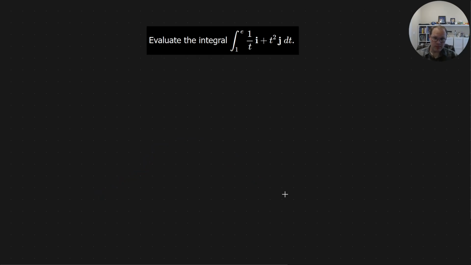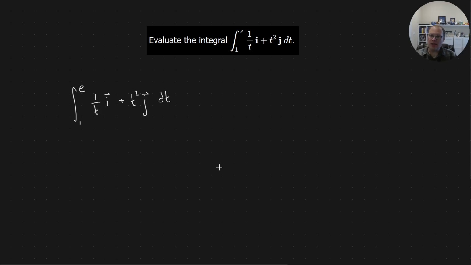All right, so let's do some examples. First example, this is going to be a definite integral. We want to integrate the vector valued function 1 over t i plus t squared j. We're going to integrate it from 1 to e. So the integral from 1 to e of 1 over t i plus t squared j dt.